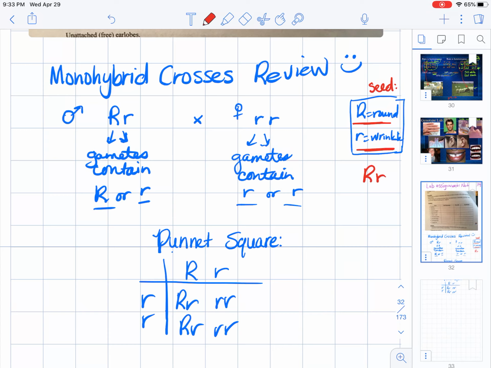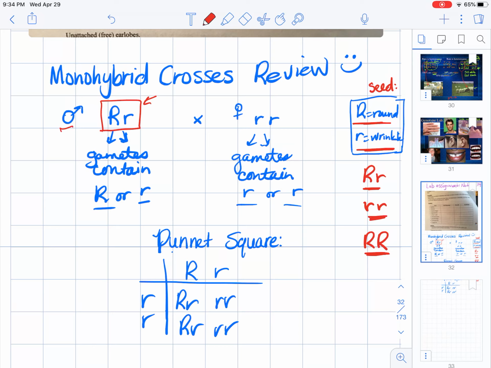That means if you get one of each of those, the one that presents itself, in this case, the round would be considered dominant because with one of each, it will show up and present itself as a dominant trait. If you have two of the recessive, you would show up as a wrinkled trait. If you have two of the dominant, of course, it will end up being round, the dominant trait.